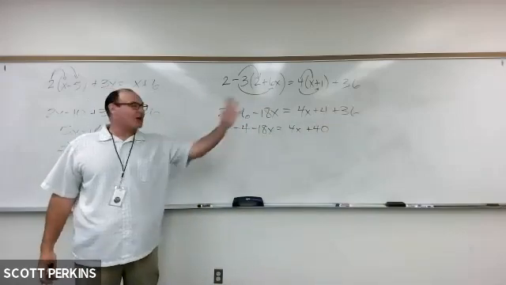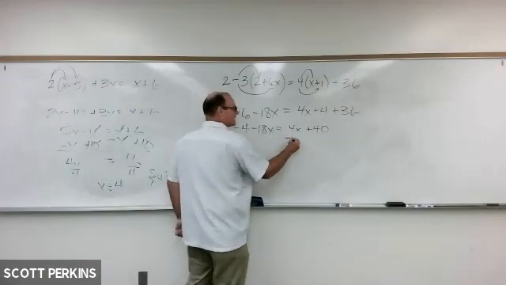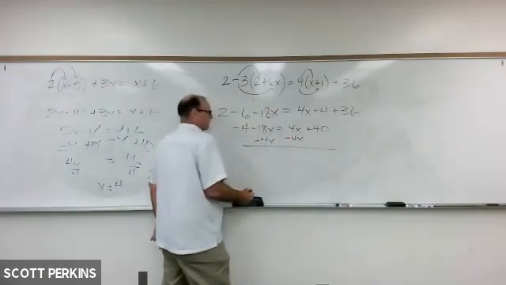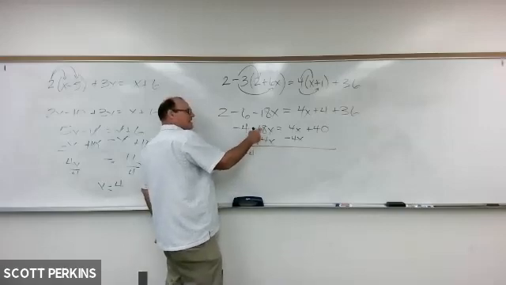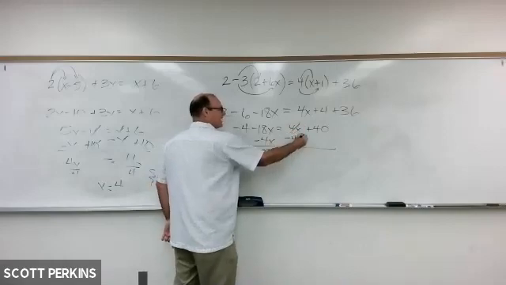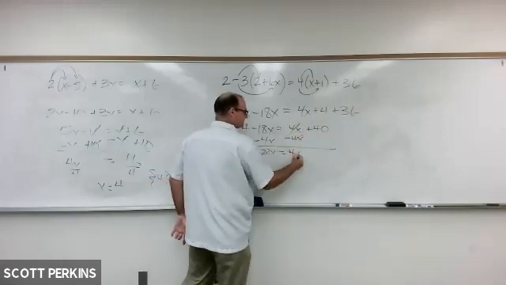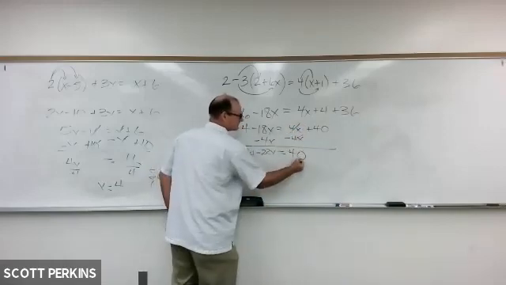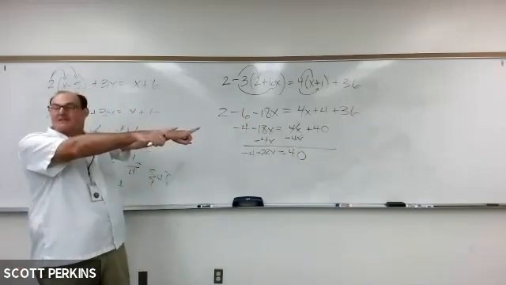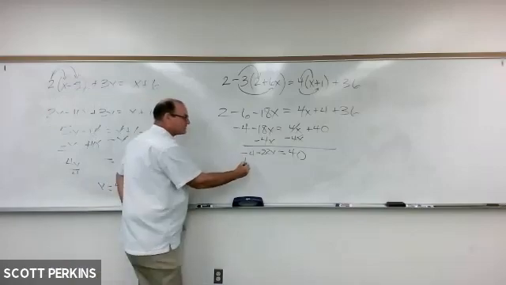X is on the left, numbers on the right, so I'm going to subtract my 4x. So I've got negative 4, negative 18 minus 4 is negative 22. My 4x's cancel, and I have 40. I'm going to move the 4 over because that's the term without the x, so plus 4.